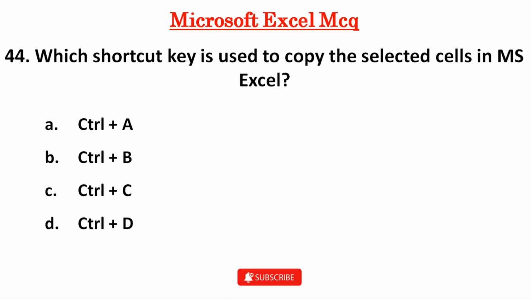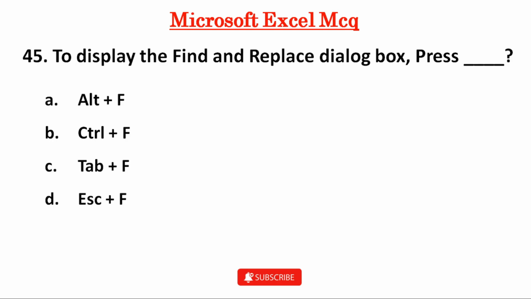Next, which shortcut key is used to copy the selected cells in MS Excel? Right answer is Control plus C. Next, to display the Find and Replace dialog box, press dash.